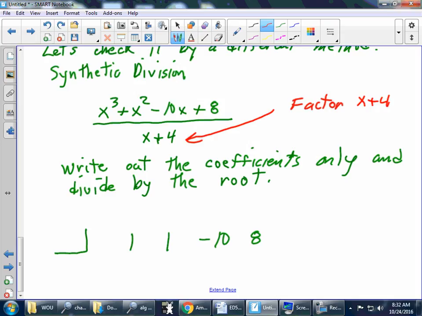X plus 4. Root. Negative 4. Okay? So we're going to divide by negative 4. Yeah, pretty trippy. So this one's different. Hold on to your hat.